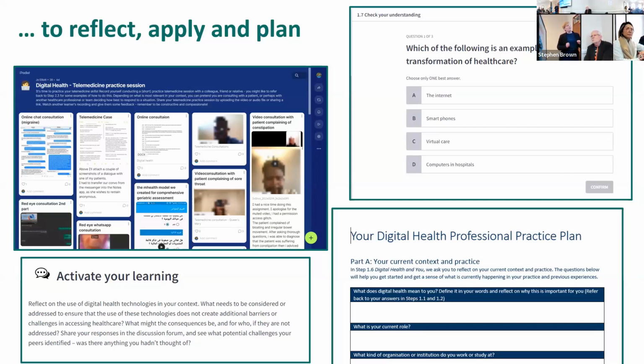And also opportunities to test their learning and understanding as we went. But I think the professional practice plan was particularly popular with students.